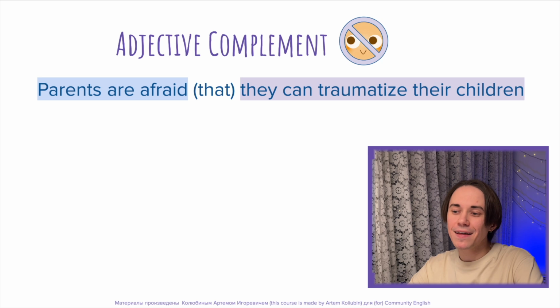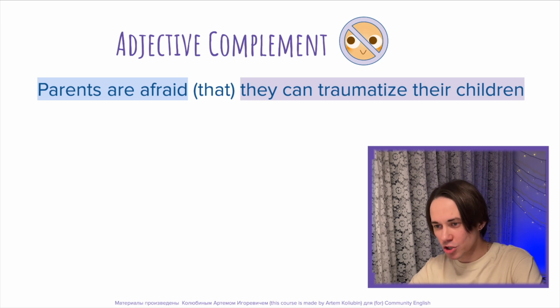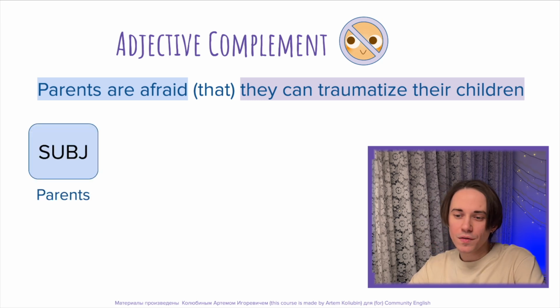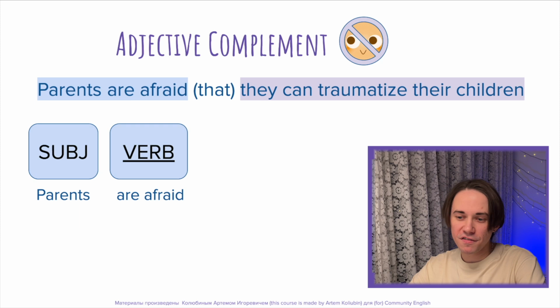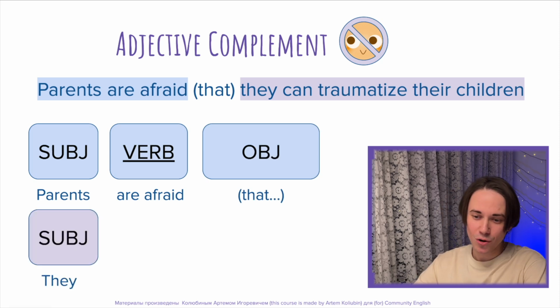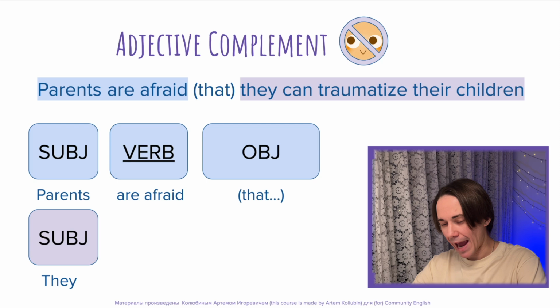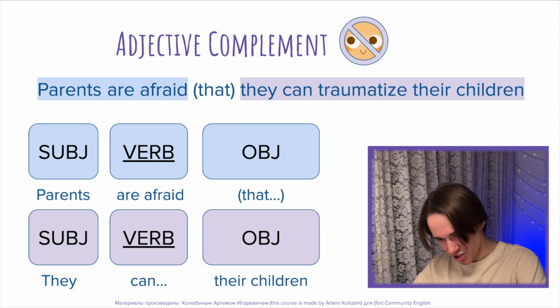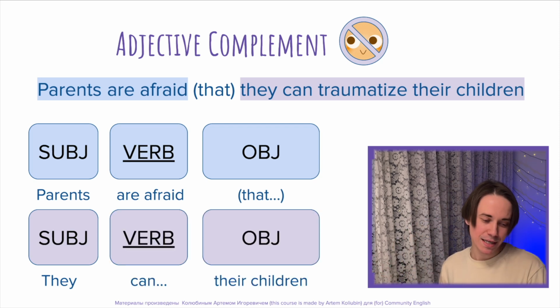Parents are afraid that they can traumatize their children. So the same idea, parents are afraid. So the adjective is part of the, it's not the verb, but it's the activity here, right? And again, the object that, the same idea. And so in the second part, again, subject, verb, object, classic, the same idea.